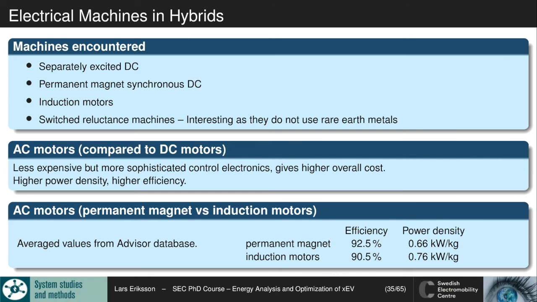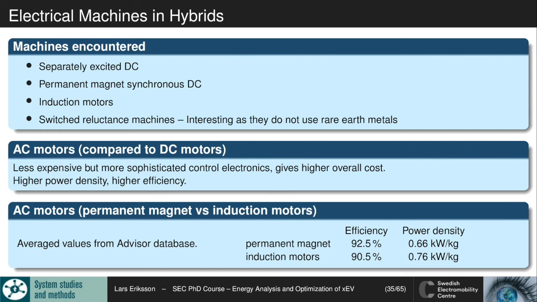AC motors compared to DC motors are less expensive, but will require more sophisticated control electronics that can give higher overall costs. And we have higher power density and higher efficiencies in them.